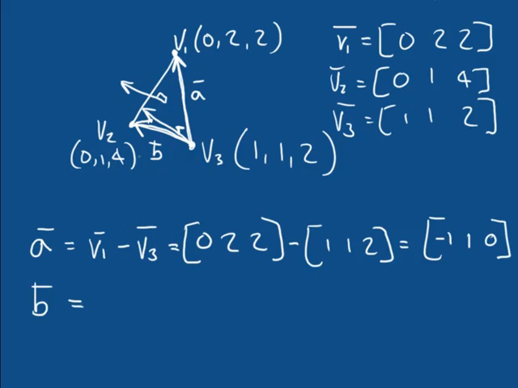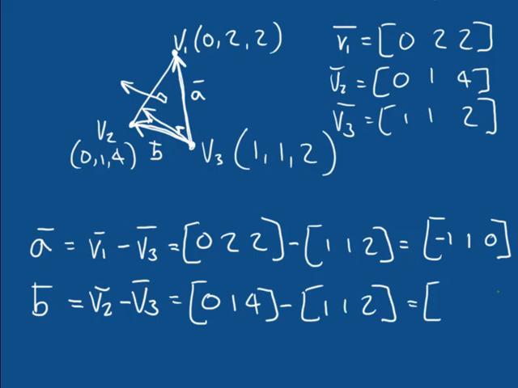B is going to travel from V3 to V2, so it's equal to V2 minus V3, which is 0, 1, 4 minus 1, 1, 2, which is equal to 0 minus 1 is minus 1, 1 minus 1 is 0, and 4 minus 2 is 2. So our vector A is equal to minus 1, 1, 0, and our vector B is equal to minus 1, 0, 2.